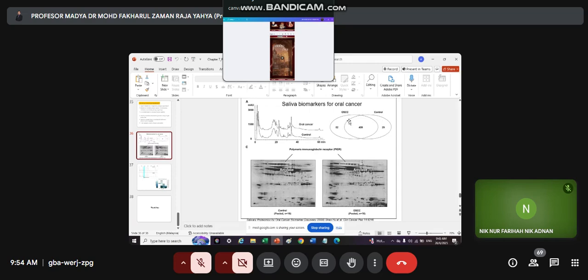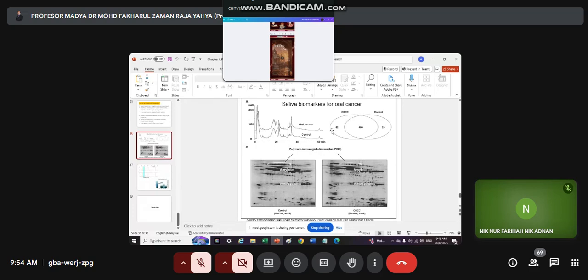So differentiating, categorizing the identified proteins is important, because this can help us in identifying relevant strategy to treat oral cancer disease.